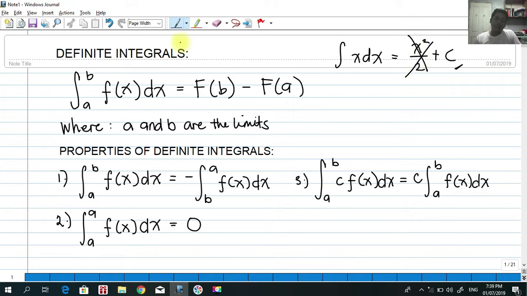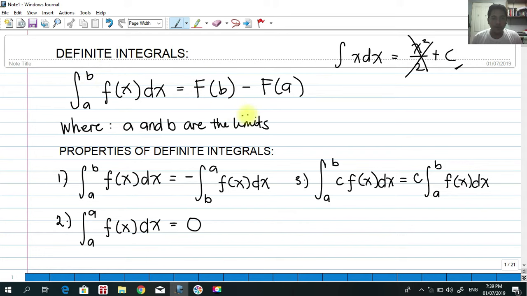In order for us to evaluate a definite integral, we have to use this formula. The integral of f of x dx evaluated from a to b is simply equal to the function of b minus f of a. So what does that mean? Whatever the values of a and b are, we substitute them.